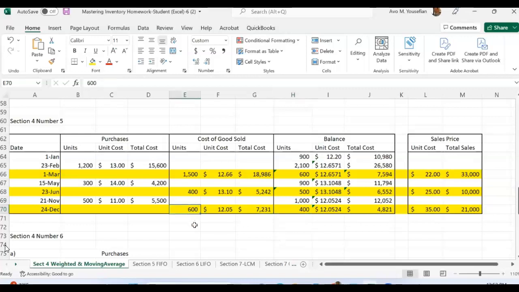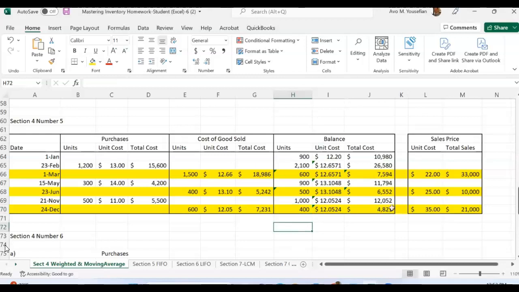What is the cost of goods sold? 600 times average cost of 12.05, whatever it's in here, gives us 7,231 cost of goods sold. And the leftover balance is 12,052 less cost of goods sold, which gives us $4,821 at a moving average cost of 12.0524 and 400 units left.